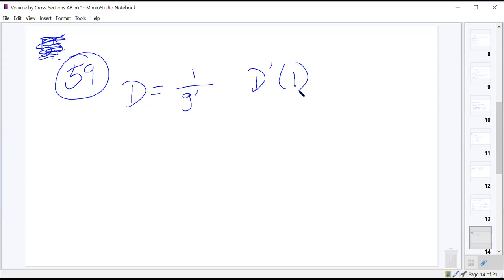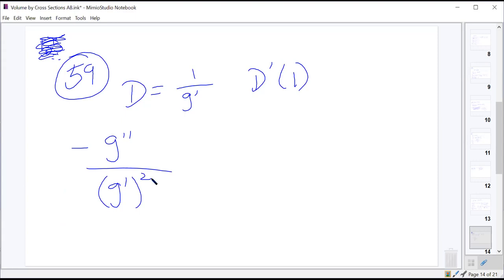First, we want to find the derivative of D. We could use the reciprocal rule that we were just talking about. This is 1 over a function, so it should be the opposite of the derivative of that function, which would be G double prime, divided by G prime squared. Then we'll just look at our chart and evaluate all those things.